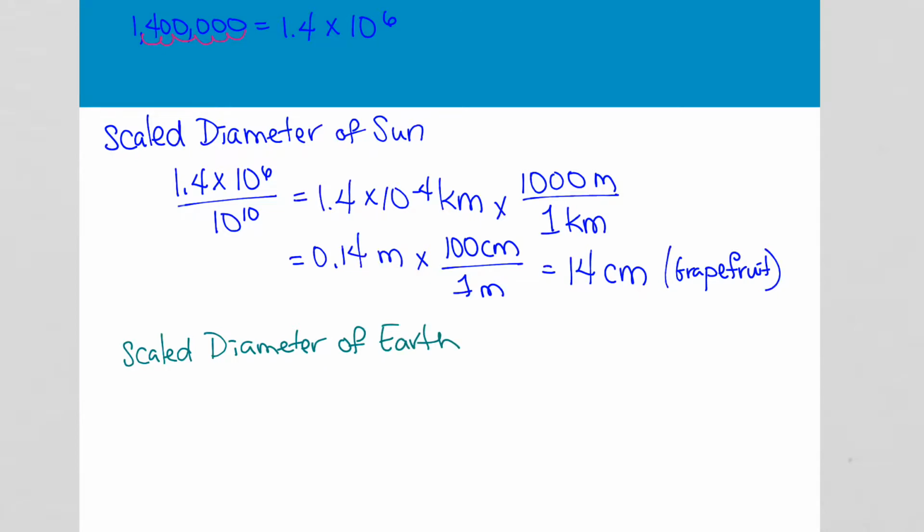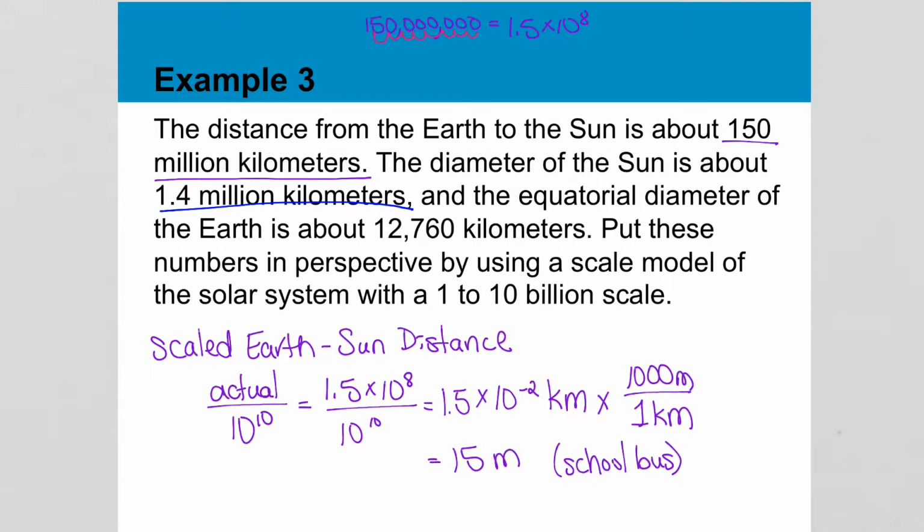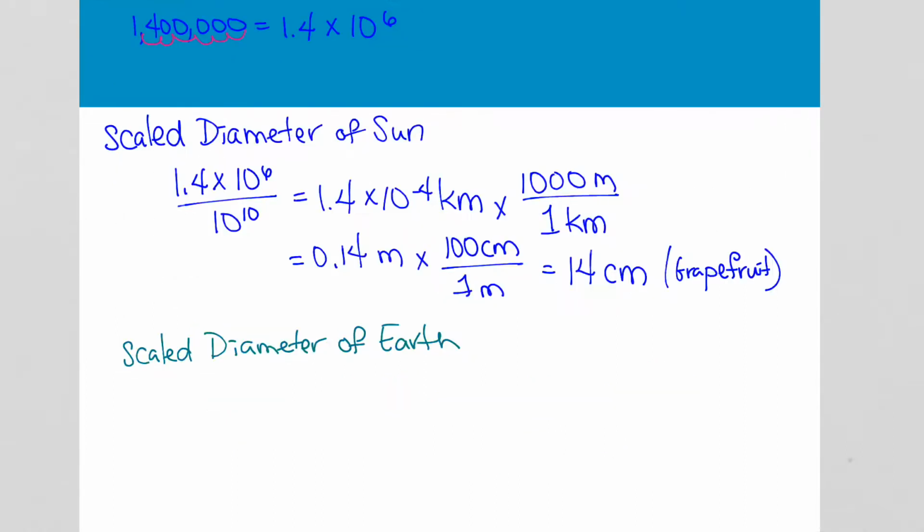And it said the diameter of the Earth is 12,760 kilometers. 12,760. That would be 1.276 times 10 to the 4th.